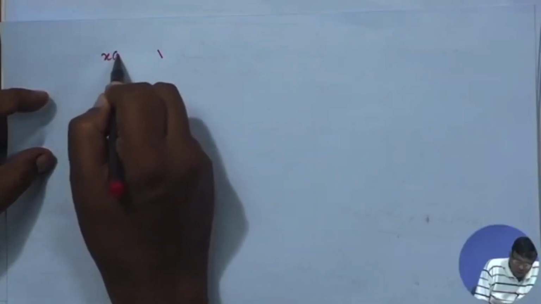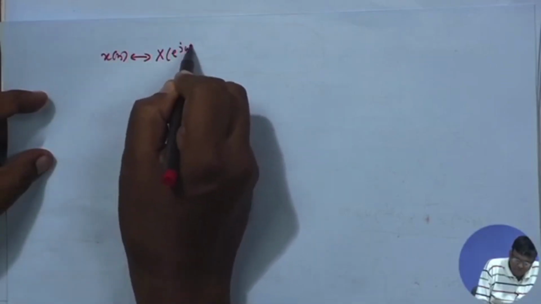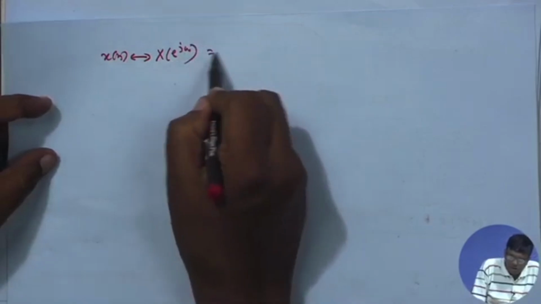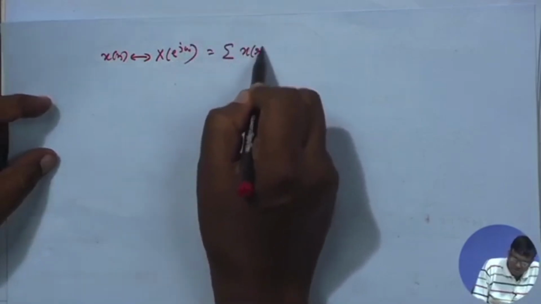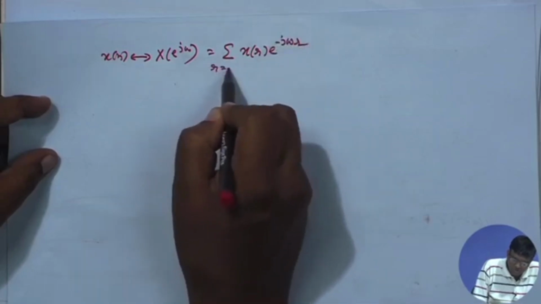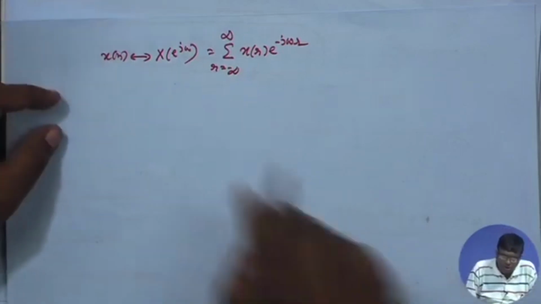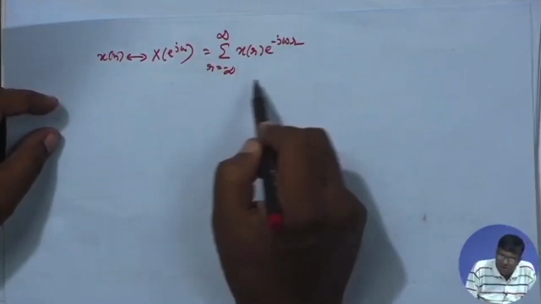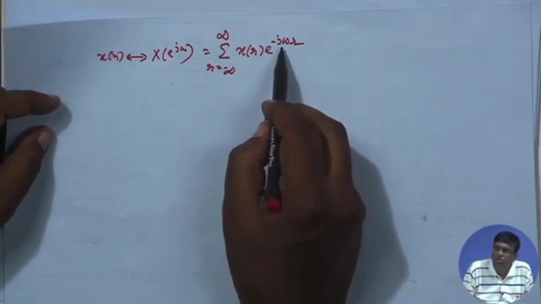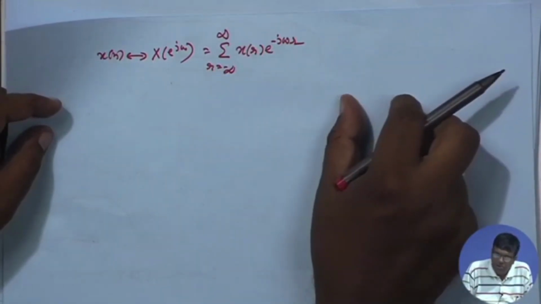This function for any sequence we write like this: if x n is given, you can see this entire function is firstly complex. If you want to plot it versus omega, this function has a real part and an imaginary part.